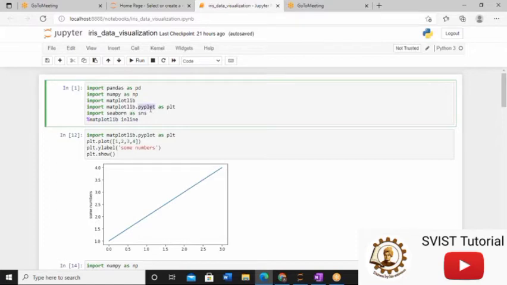This pyplot is responsible for creating a figure, creating a plotting area in the figure, plotting some lines, or decorating the graph that you are going to plot. Also, it is responsible for creating the labels in the graph.